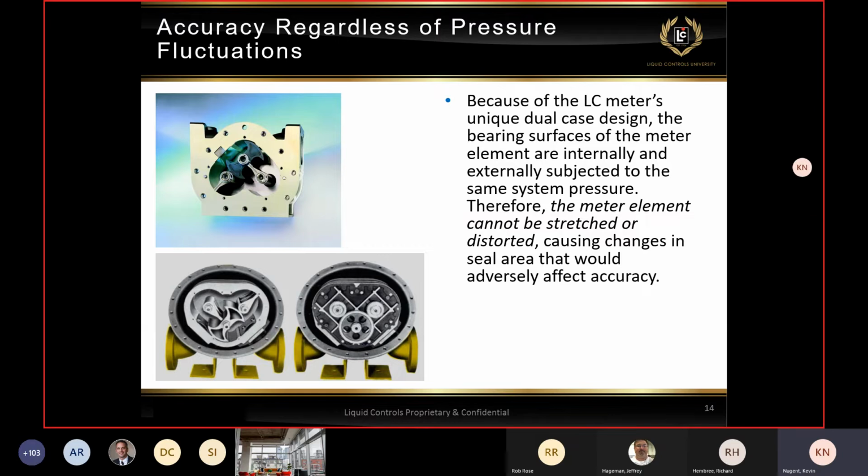When we introduce liquid into the meter for the first time, that liquid goes on either side of the bearing plate. And what that does is balance the pressure on either side of the measuring chamber. So we have the same pressure internally and externally. Therefore, that meter element cannot be stretched or distorted, which allows us no changes in that seal area that would affect accuracy.